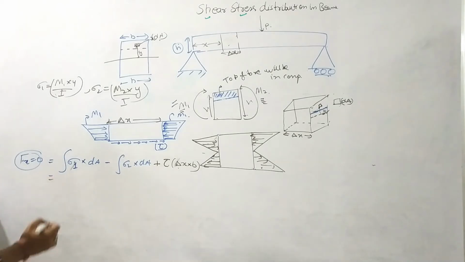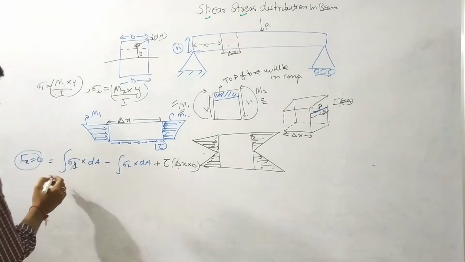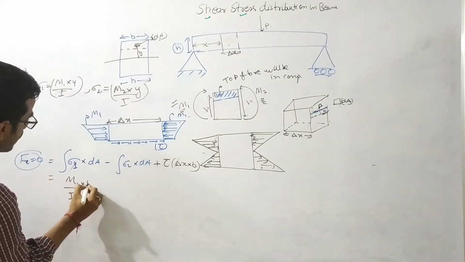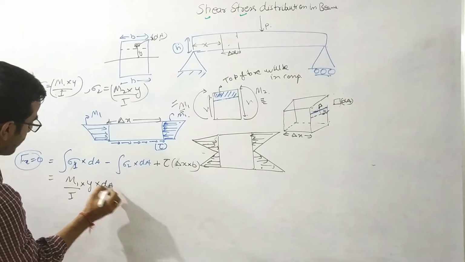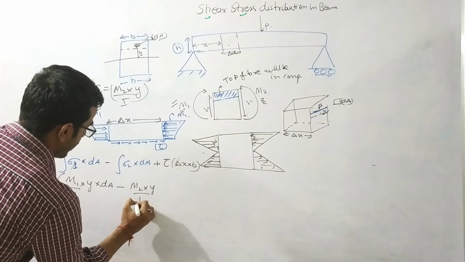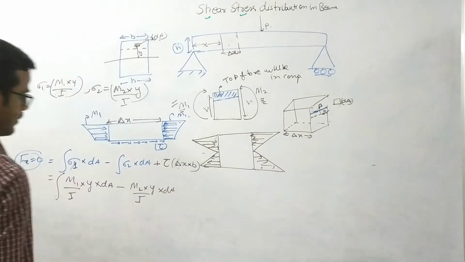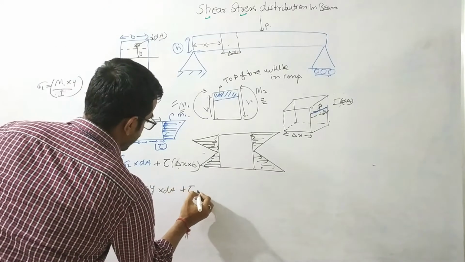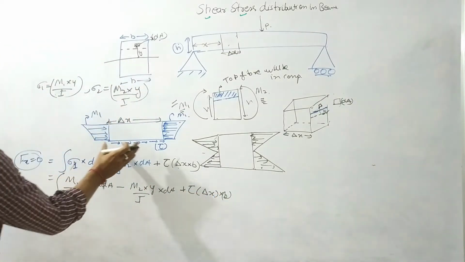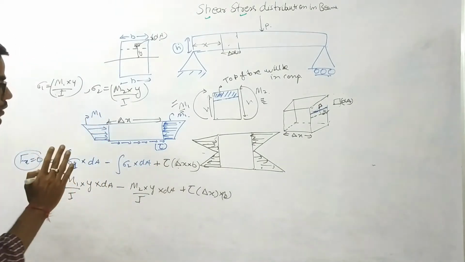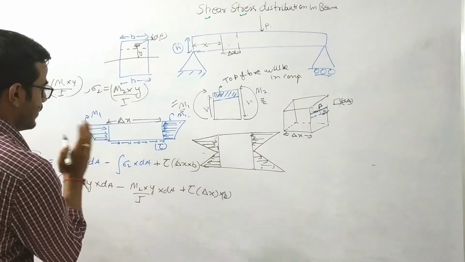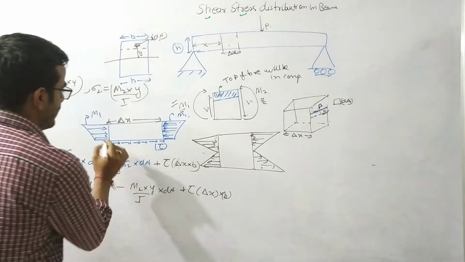So what I can write over here is M1 over I into the integration of y dA, minus M2 over I into y dA, plus tau delta x into b. I'm assuming that the shear stress tau is constant throughout, meaning it is constant along the width.